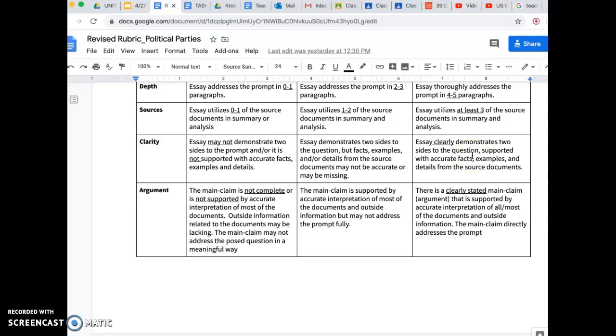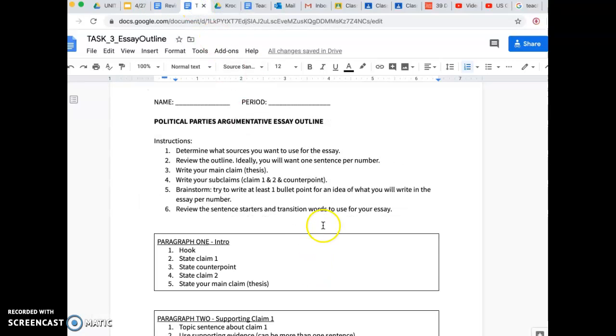Okay, that is something that is in the outline. And then there needs to be a clearly stated main claim. And it needs to directly address the prompt. Okay, so our prompt, as we know, is our essential question.